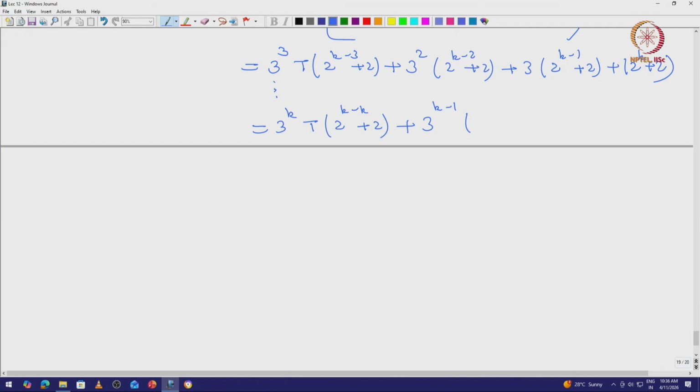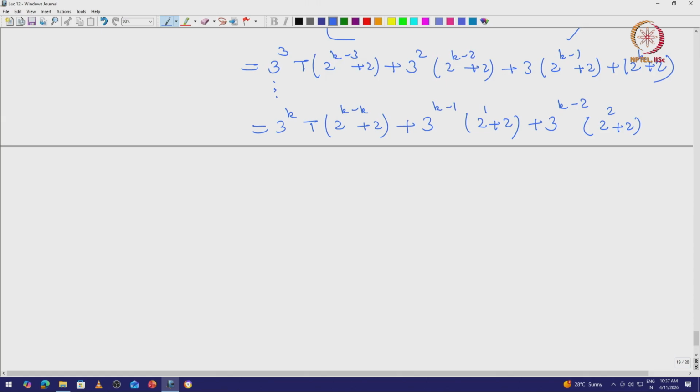You can see the powers of 3 and powers of 2 add up to k. Therefore, it will be 2^1 + 2, plus 3^(k-2) times 2^2 + 2.